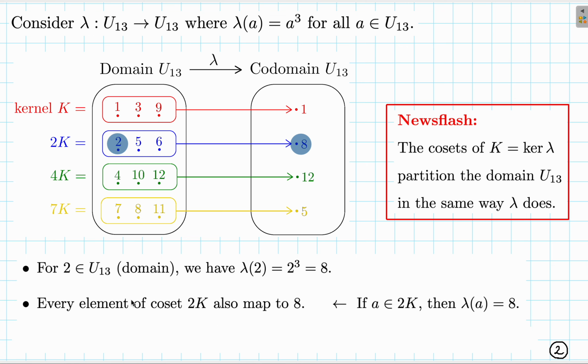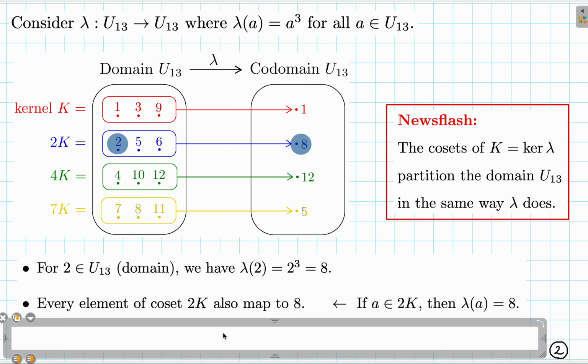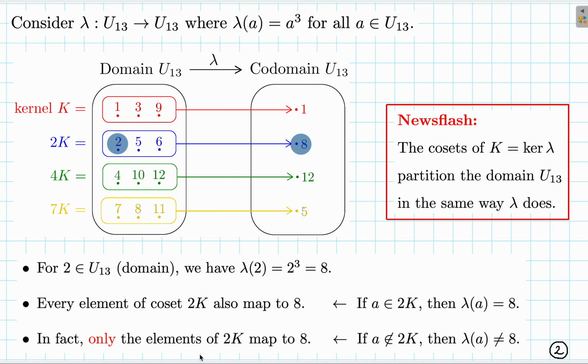Moreover, we notice that every element in that same coset, 2 is in the coset 2K, every element of the coset 2K also maps to 8. So if a is an element of 2K, then lambda of a is also 8. So 5 and 6 both map to 8, just like 2 does. Moreover, those are the only elements that map to 8.